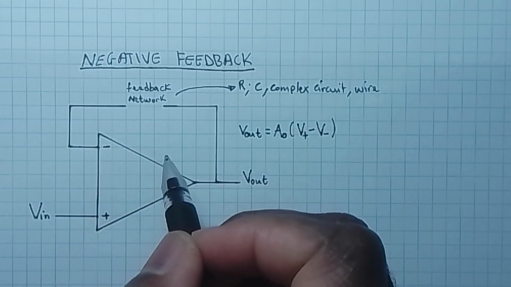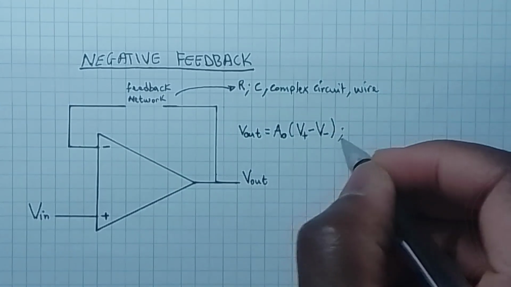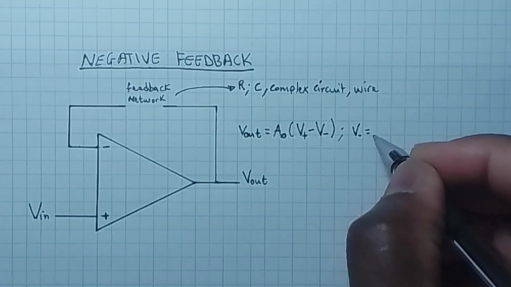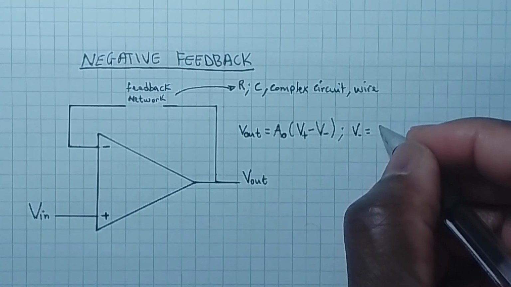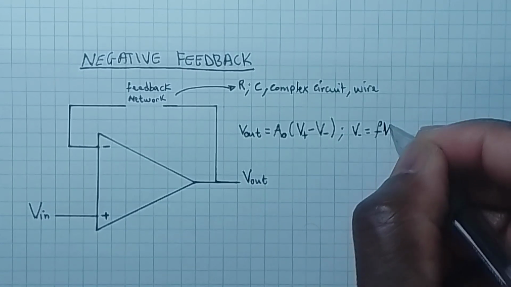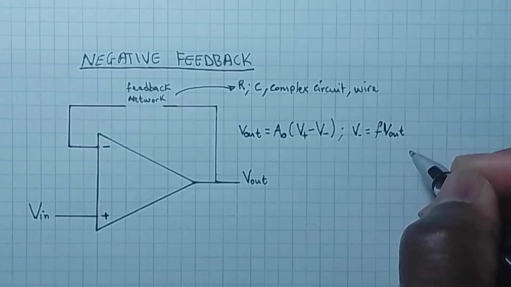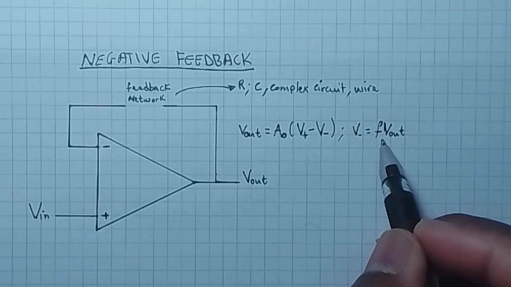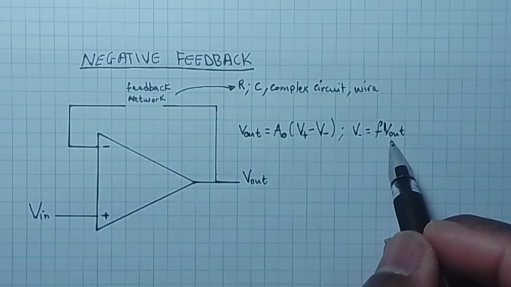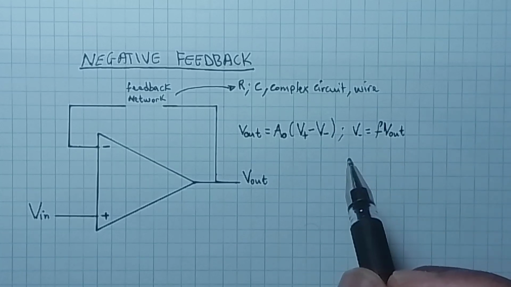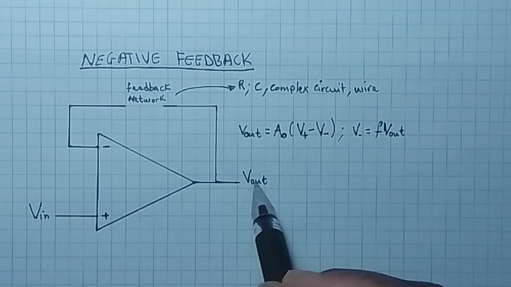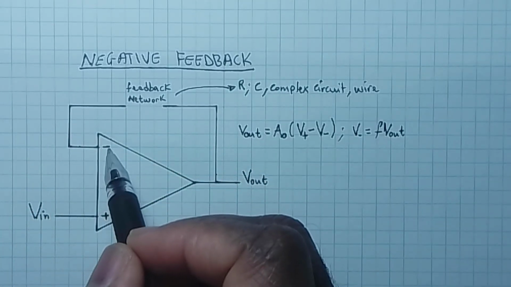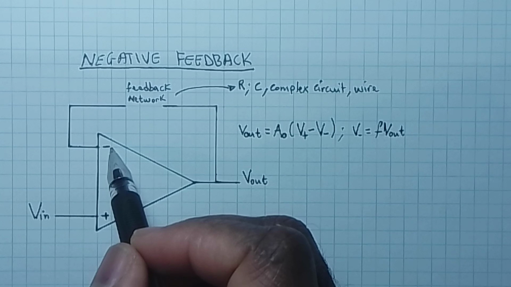So we will replace V minus with, where F is a fraction of the voltage sent back from V out to the inverting terminal.